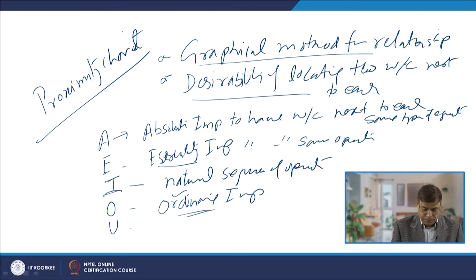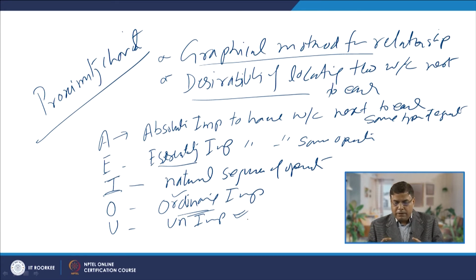Then U is for unimportant. It does not matter wherever the facilities are located. The proximity of the two facilities is immaterial. If located, good; if not located, it does not matter.